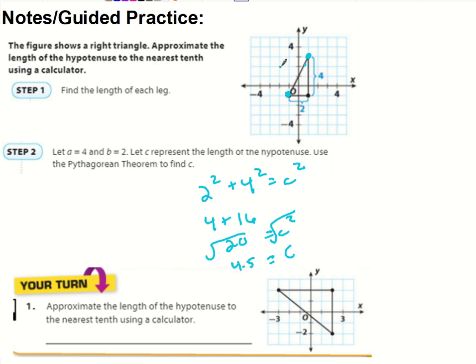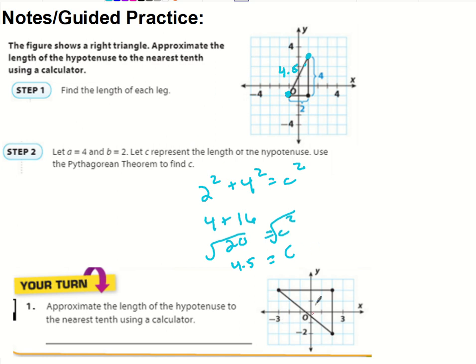So this distance is 4.5. And that's it. So it's using the grid to count the length of your legs, and then we find the hypotenuse by using Pythagorean theorem.